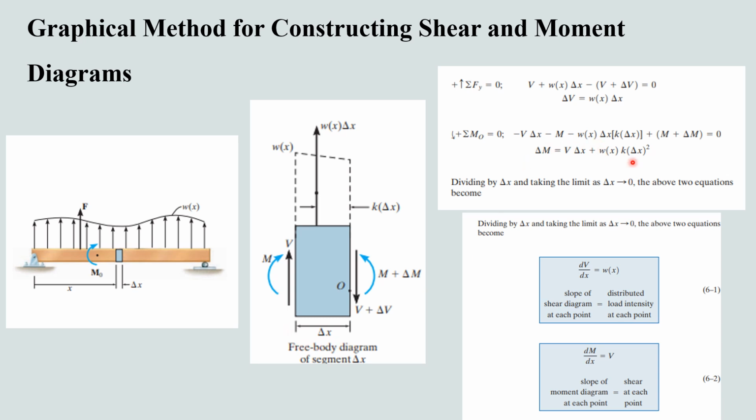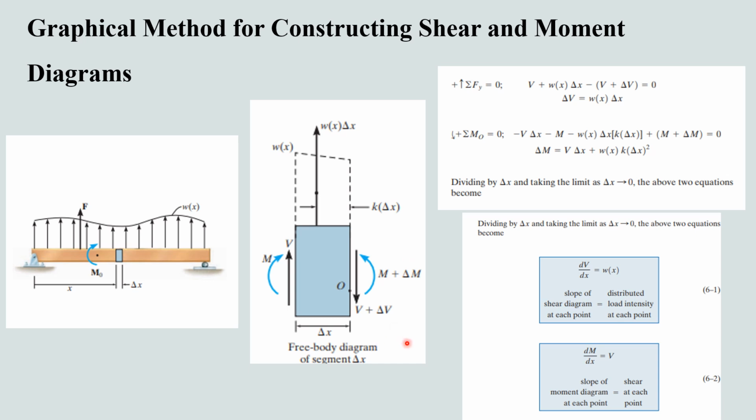The moment arm for this applied loading is k times delta x. K is the fraction that indicates the distance of this resultant force from the end of the section. And then we have M plus delta M, which is the moment on the right side.